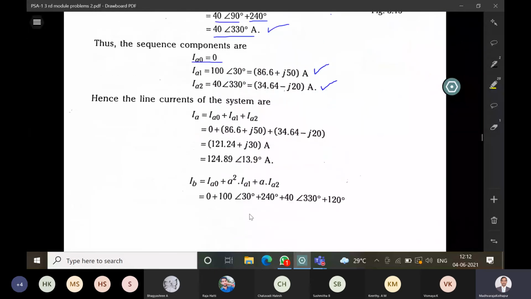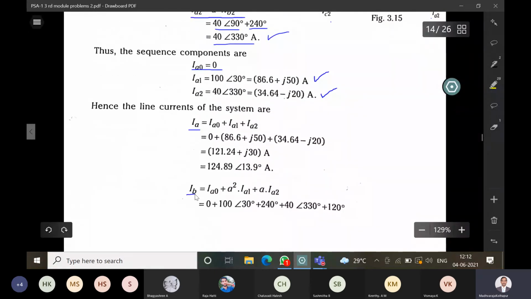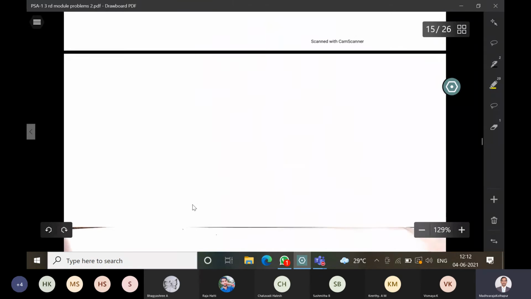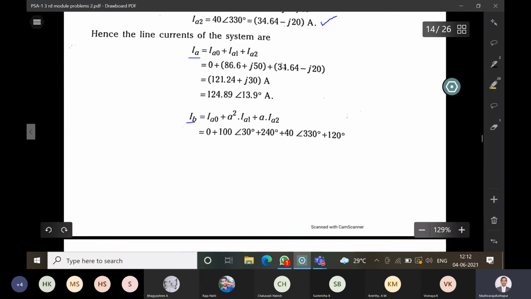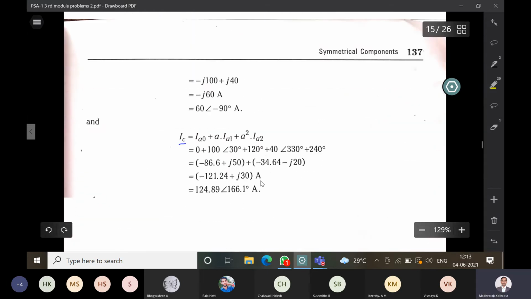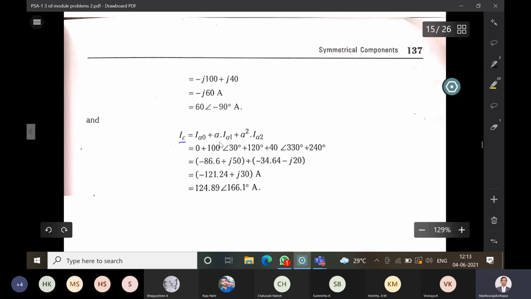So now calculate IA, IB and IC values. IA is equal to IA0 plus IA1 plus IA2. IB is equal to IA0 plus A square IA1 plus A IA2. And IC is equal to IA0 plus A into IA1 plus A square IA2.